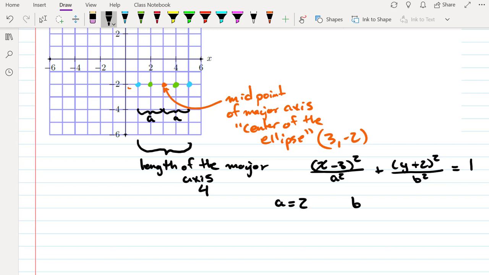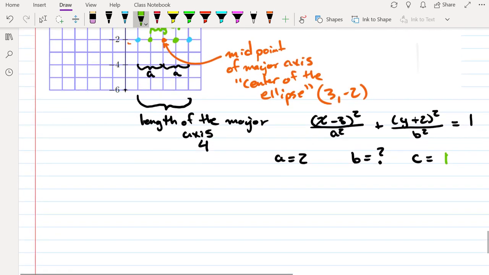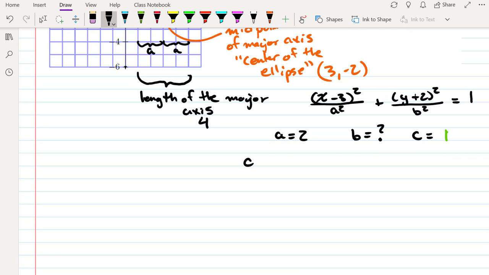B we don't know, that's on the minor axis. But we do know c, the distance from the center to either one of the foci. So we get that c is equal to 1, and c squared is equal to a squared minus b squared. So 1 squared is equal to 2 squared minus b squared.